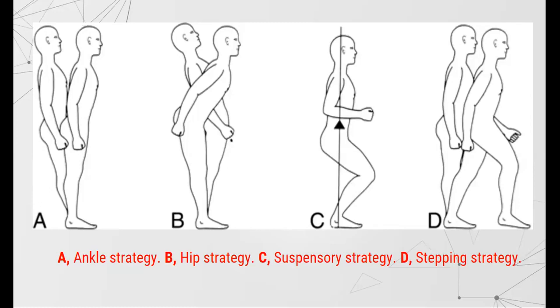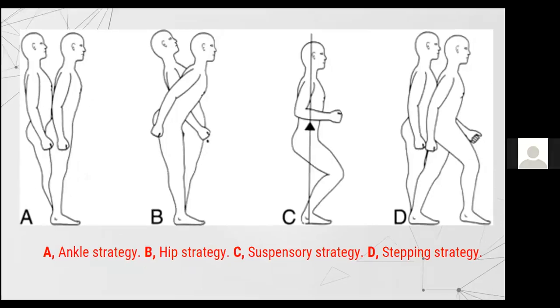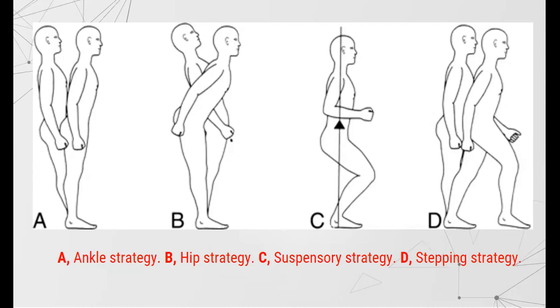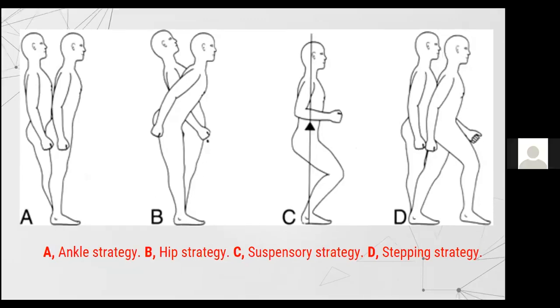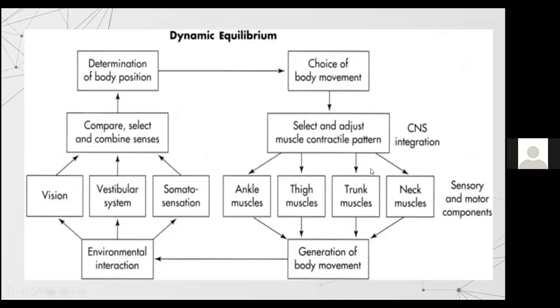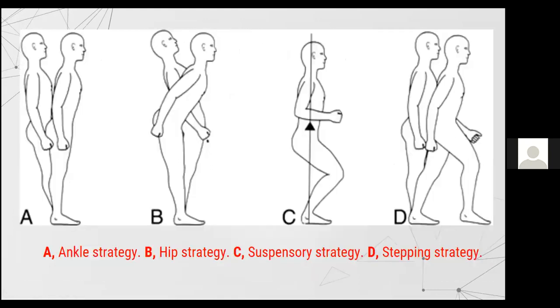And the third one is the suspensory method, in which once your feet are touching the ground, your knees will flex, and eventually you will stand up. So this is the suspensory step. The fourth one is when somebody pushes you from behind and you have to take a few steps to maintain your balance. That is known as the stepping method.